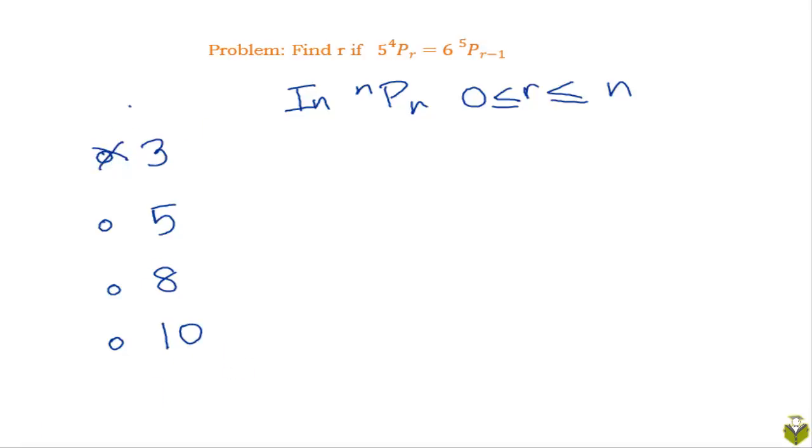Let us look at why that is the case. So we just have 5 times 4Pr equal to 6 times 5P(r-1), right?